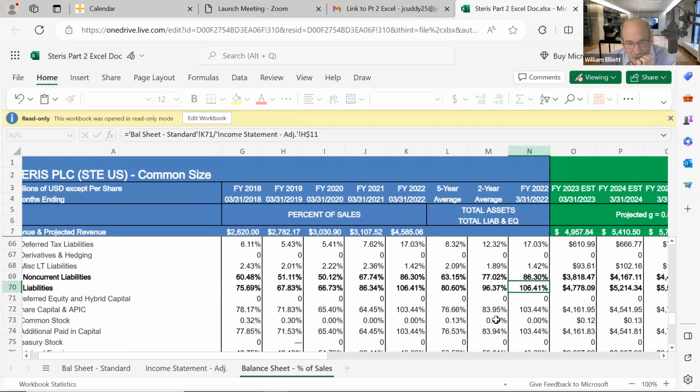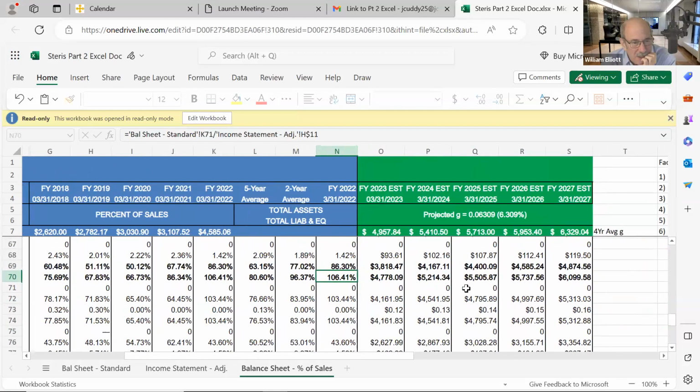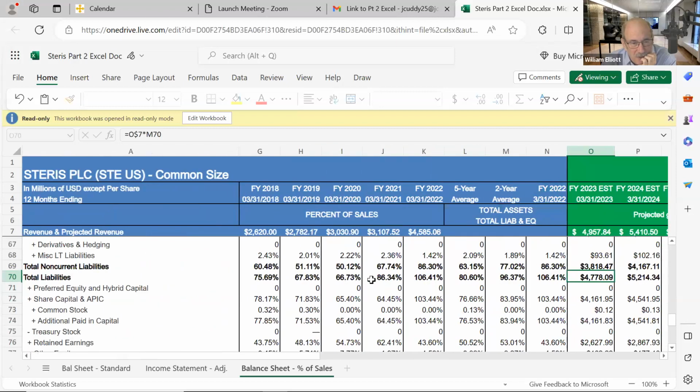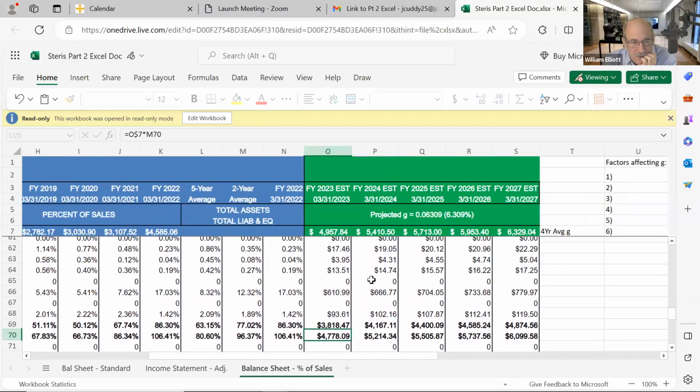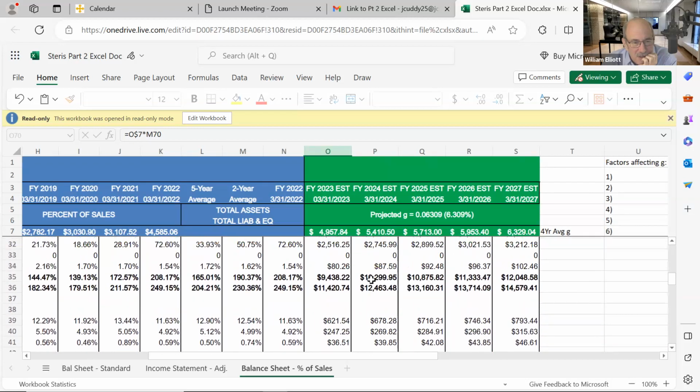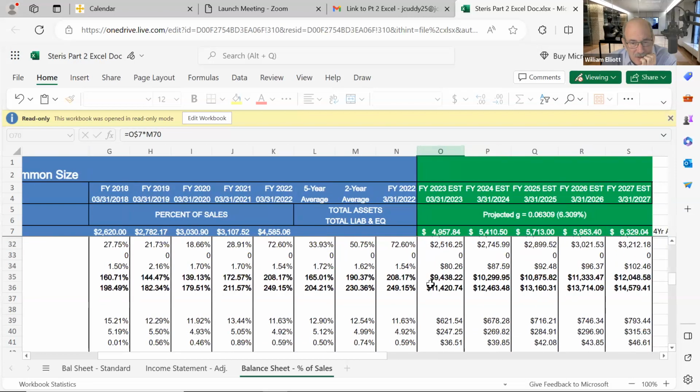We could look at that 47,778 in that same row, and then what are the total assets? Scroll back up. 47,778 and 114. Let's just call it 48.